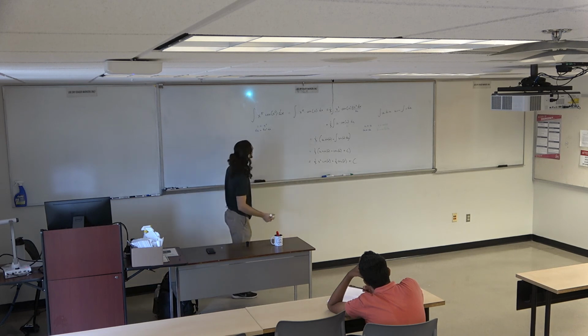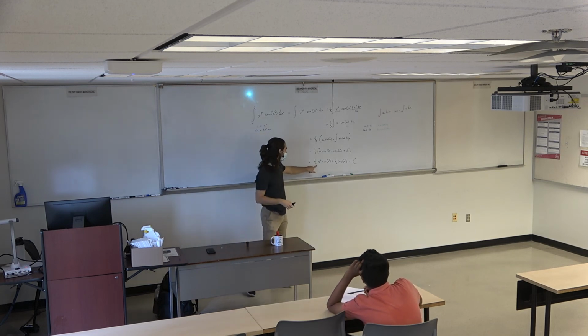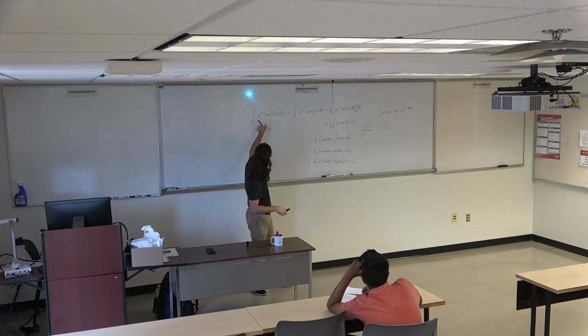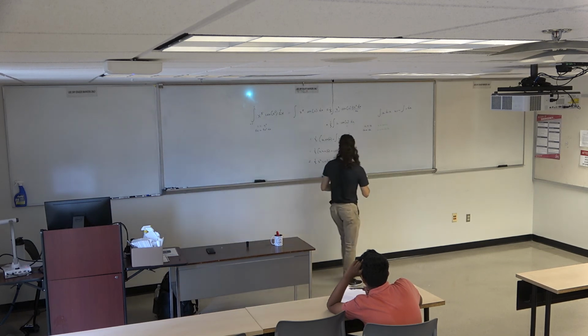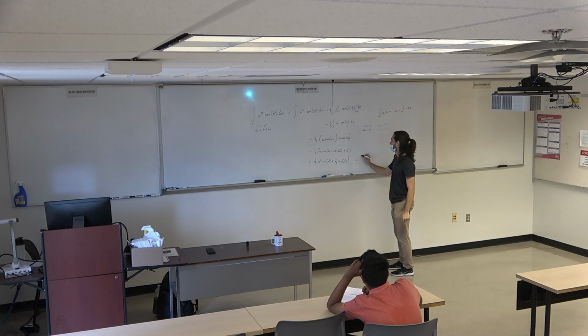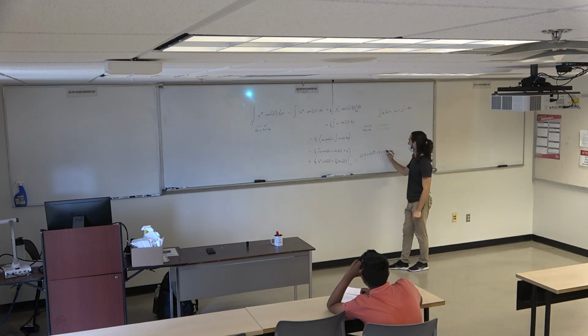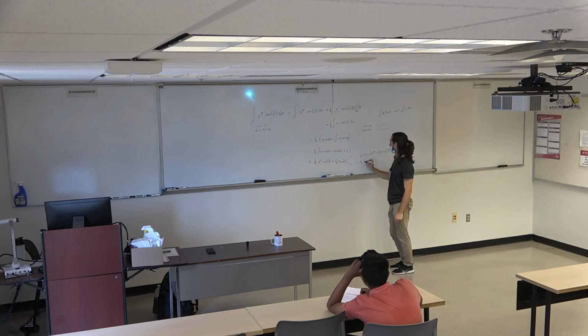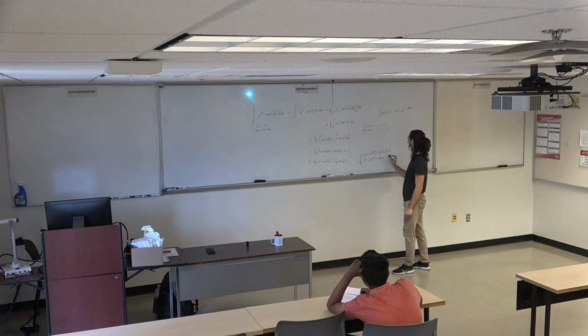So plus c, but then they said go from -1 to 1, and here you can find out for yourself that if you plug in, not plus c, but -1 to 1, you're going to get 1/3 (-1) cubed sine of (-1) cubed plus 1/3 cosine of (-1) cubed, minus 1/3 times 1 cubed sine of 1 cubed plus 1/3, well, minus that entire thing, cosine of 1 cubed.